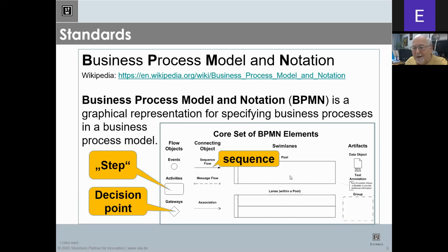That is a basic element. It's not very much, but it goes far beyond flowcharts, if you have heard about this already. So those are the basic things: we have steps, we have decision points, and we have sequences. That's very important.